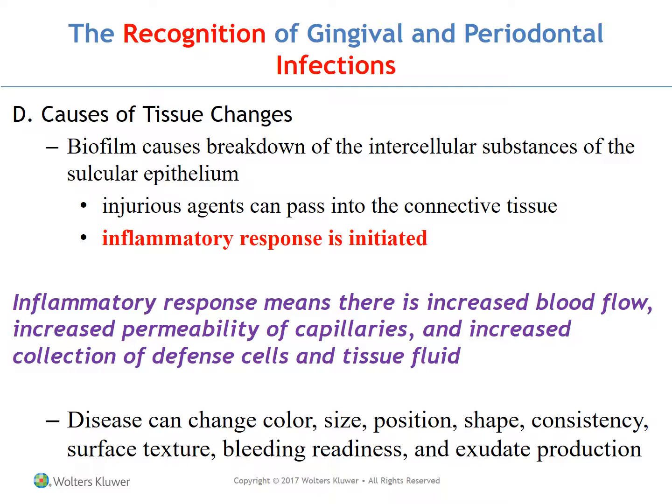Inflammatory response means that there is an increased blood flow, which is going to cause more permeability of the capillaries and increased collection of defense cells and tissue fluid. Okay, so that's why we're going to get more of that gingival crevicular fluid in disease. Disease can change the color, the size, the position, the shape, the consistency, the surface texture, bleeding readiness, and exudate production. So there's a lot going on in there.